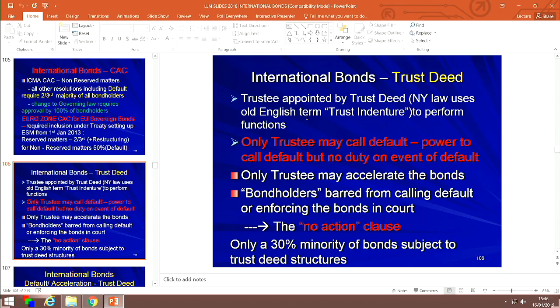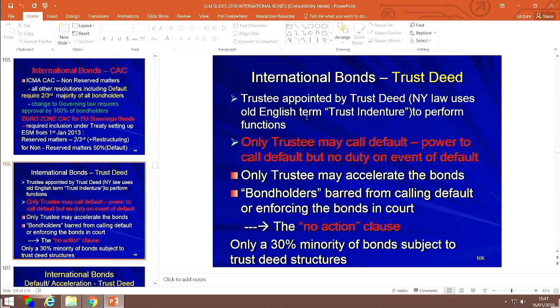Secondly, only a trustee having called a default can accelerate the bonds. Now, you know the difference between the calling of default and acceleration. Exactly the same as in a syndicated loan. The calling of default does not automatically result in acceleration. There has got to be a decision by the trustee in a bond issue, and a syndicate majority in a syndicated loan, to actually make a demand for all outstanding payments.